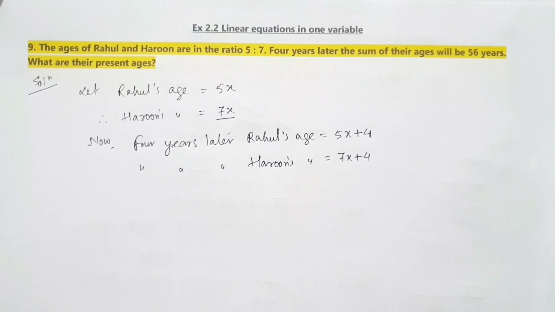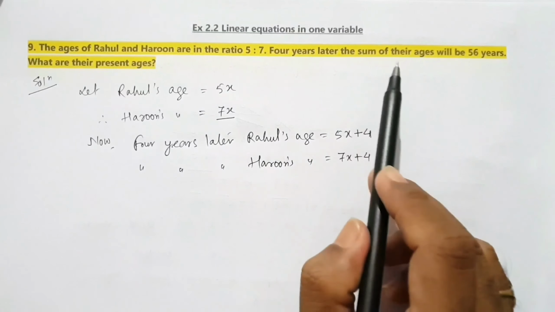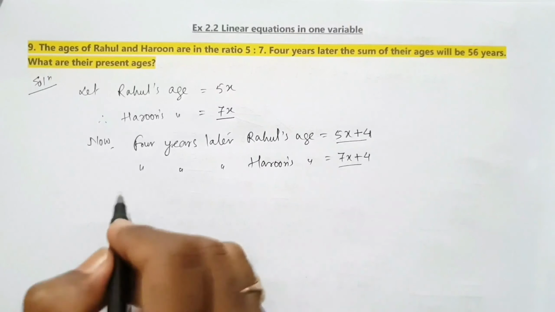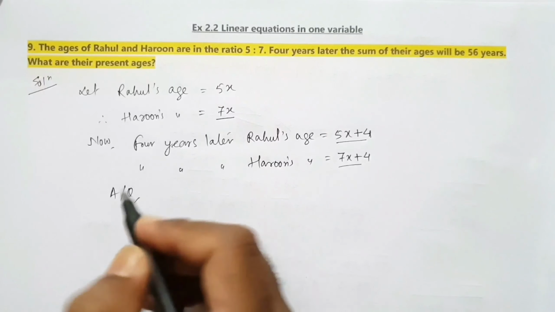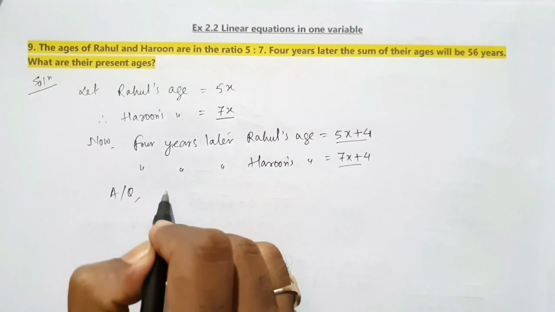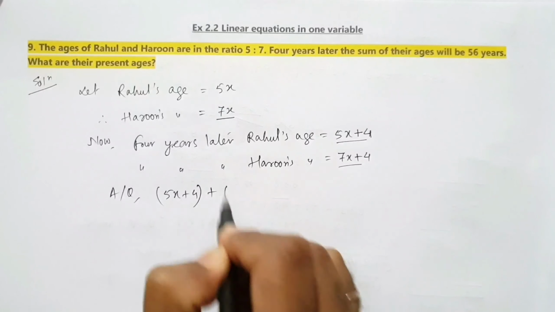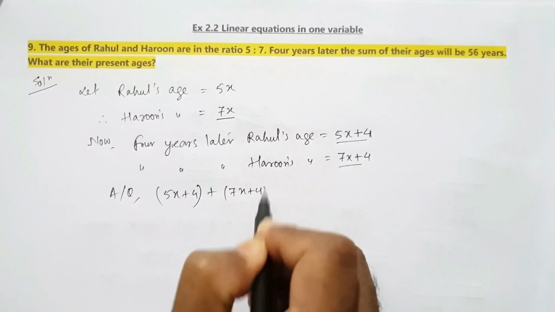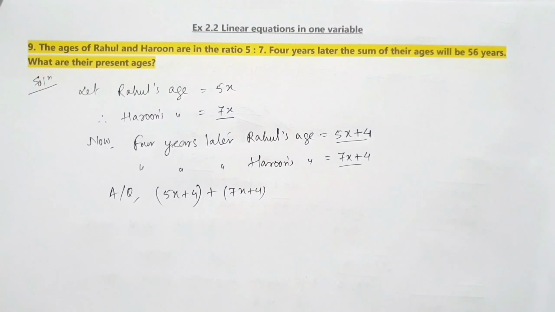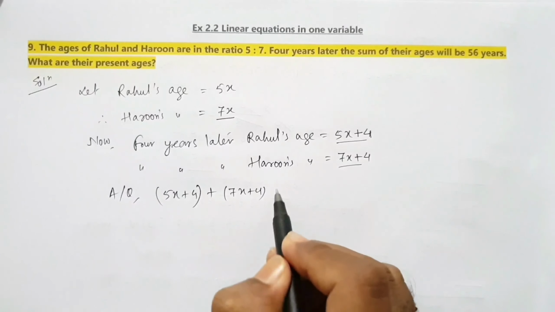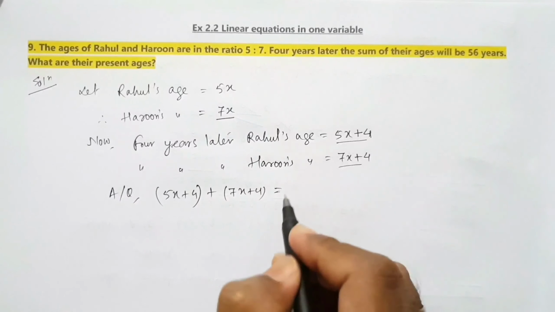Now let's read the question once again. They said 4 years later, sum of their ages, means if we add both the ages, it will become 56 years. So according to the question, once we add the ages after 4 years, we get 56 years.